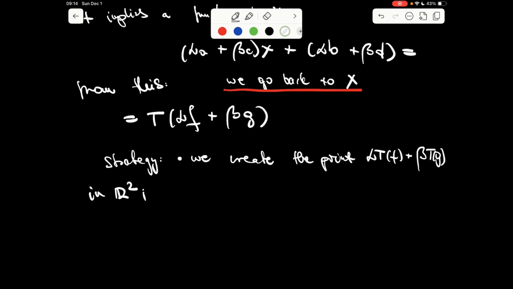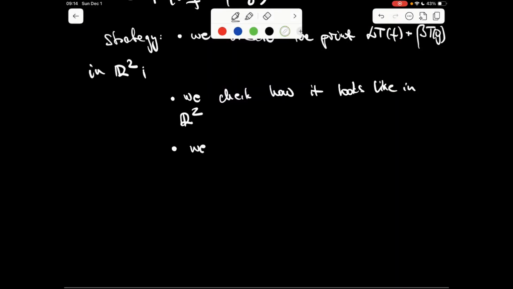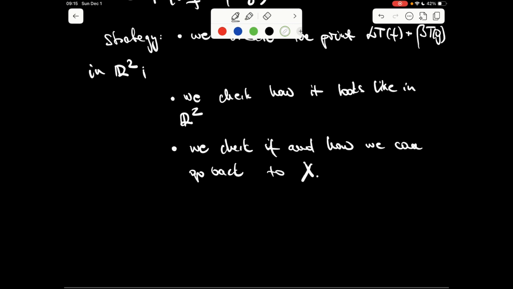We check how it looks like in R squared, and we go back. We check if and how we can go back to X.